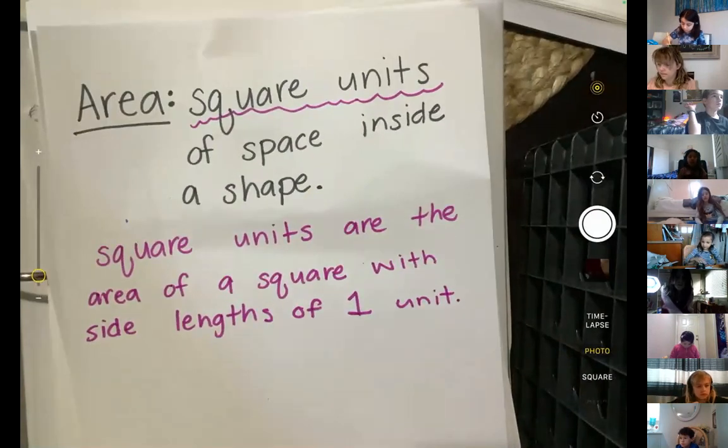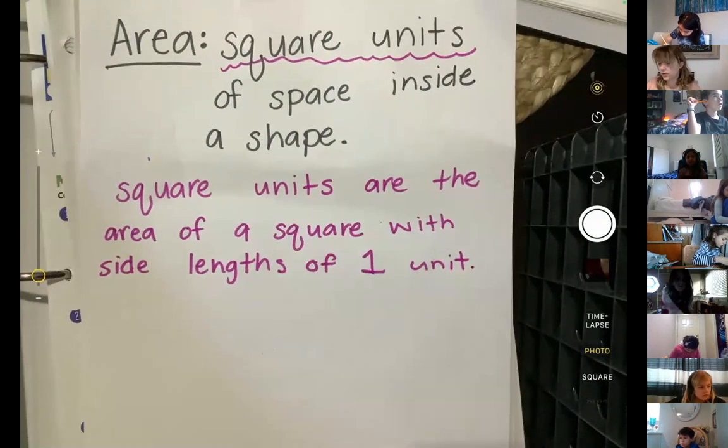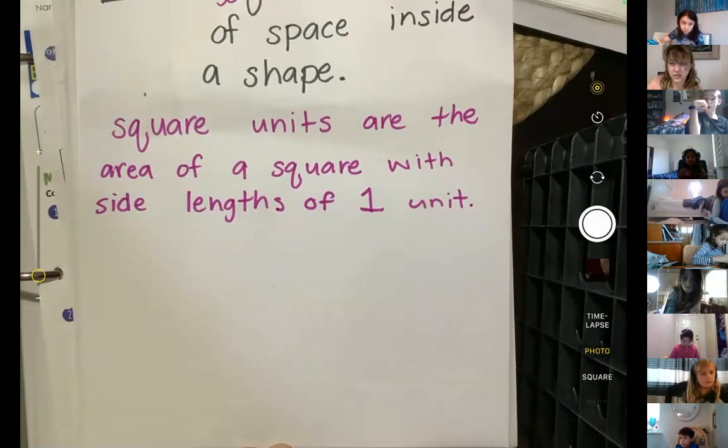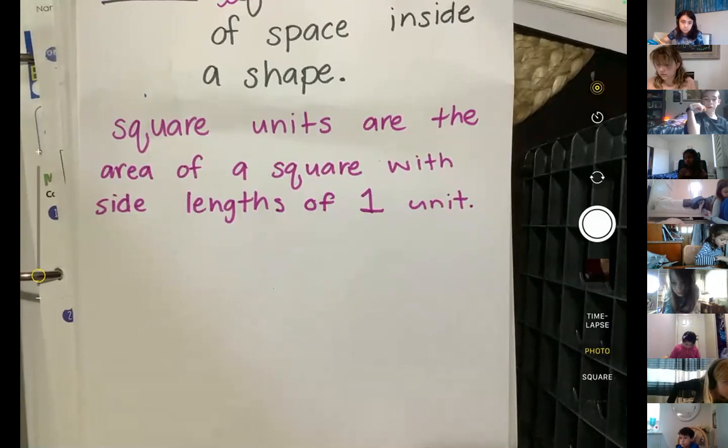Okay. Nope, you guys aren't writing this. You're just listening. If you want to find somewhere to write it, you can, but there's not a specific space for this. Okay.